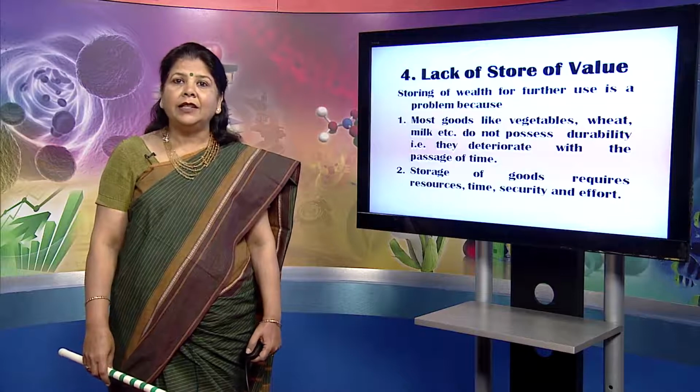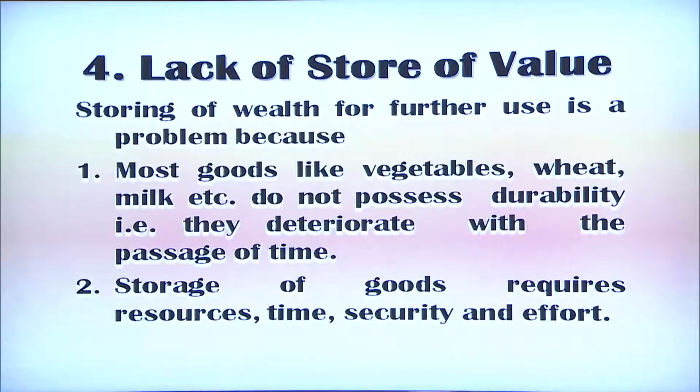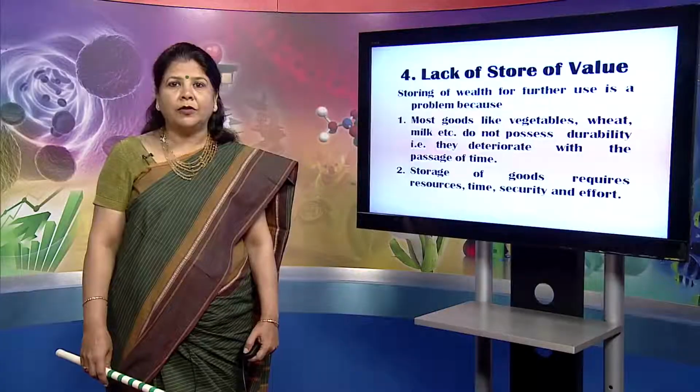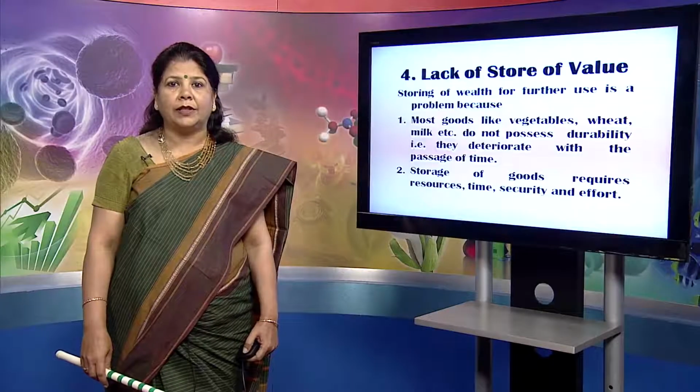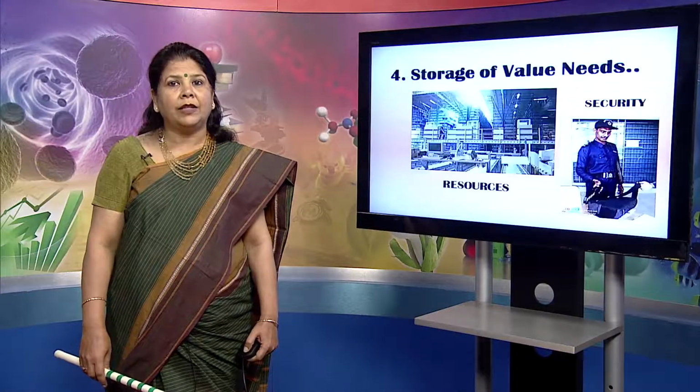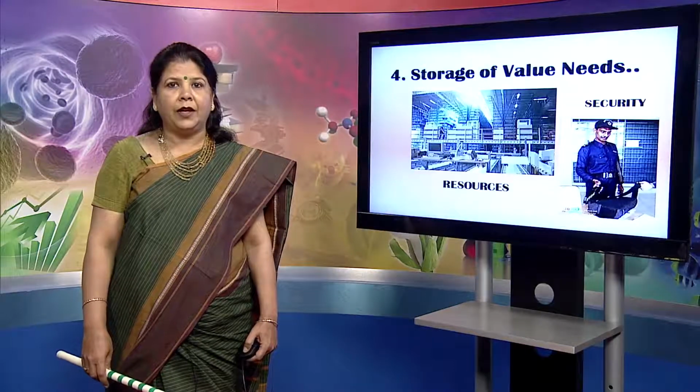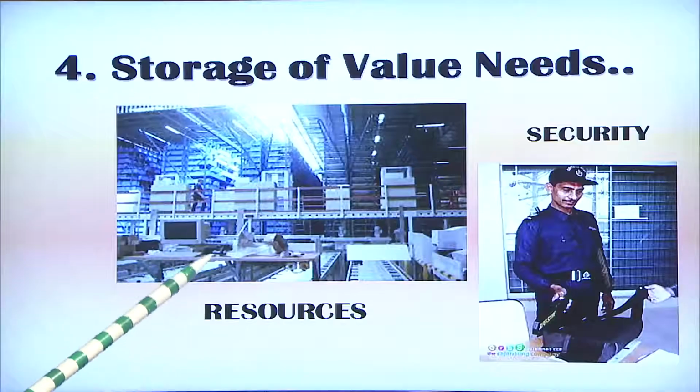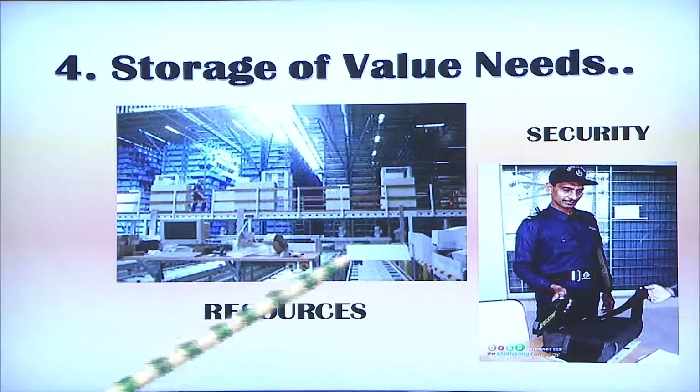That is, they deteriorate with the passage of time. Storage of goods requires resources, time, security and effort. Here you can see the image of a godown and a security guard needed to guard the goods that we wish to store for future use.